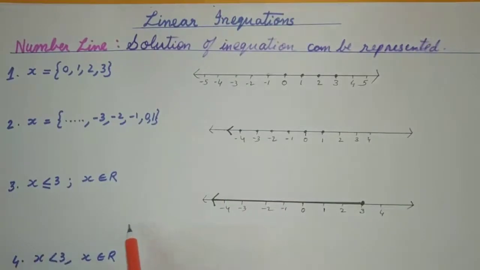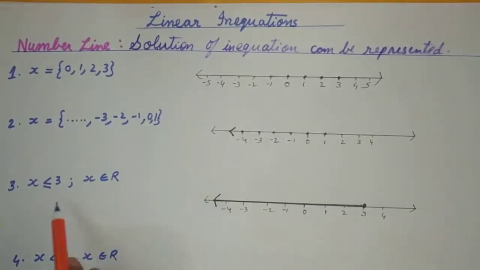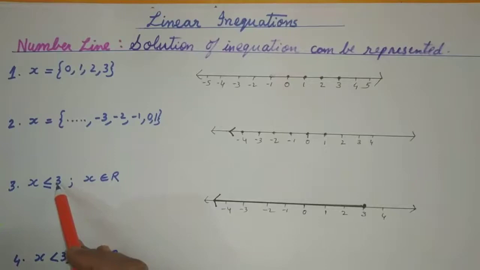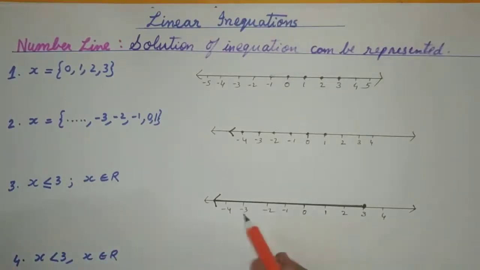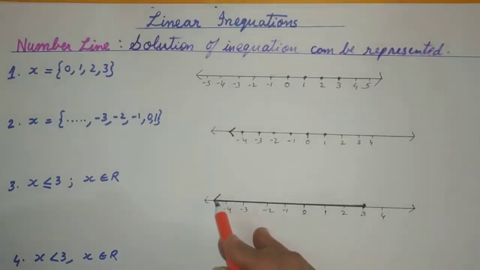If the replacement set is rational numbers, which will include all the numbers, and your solution is x is less than or equal to 3, then less than or equal to 3 means 3 and all towards the left hand side. Then again draw the number line, a darkened dot at 3 and a dark line on the number line with an arrow.